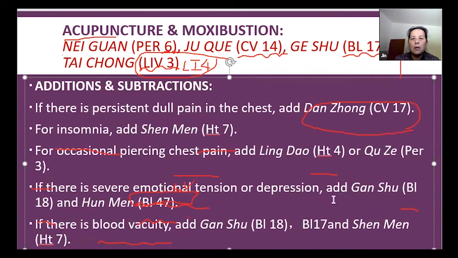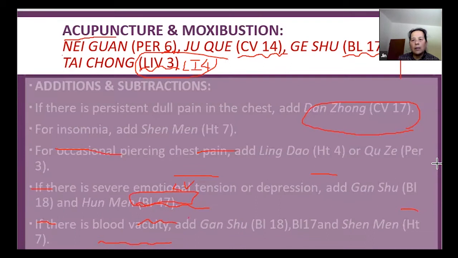That's 膈俞, or 血会. So that's for blood deficiency kinds of conditions.